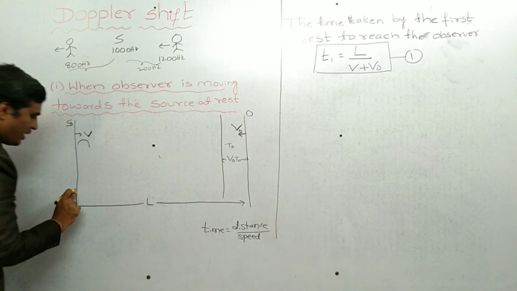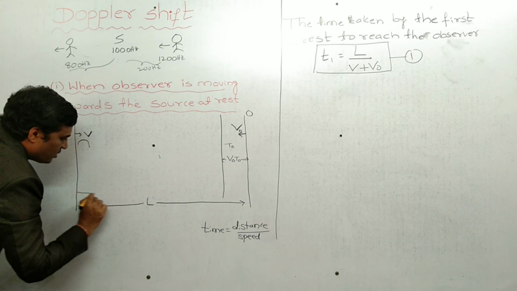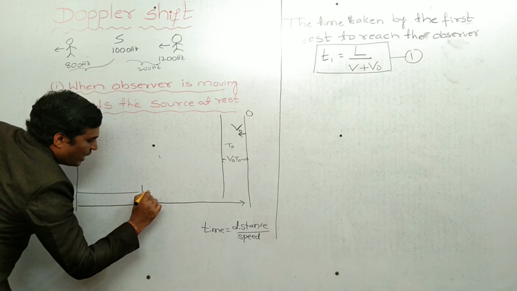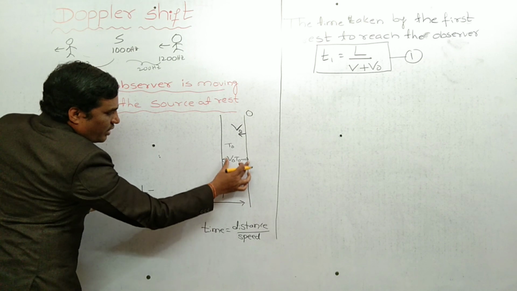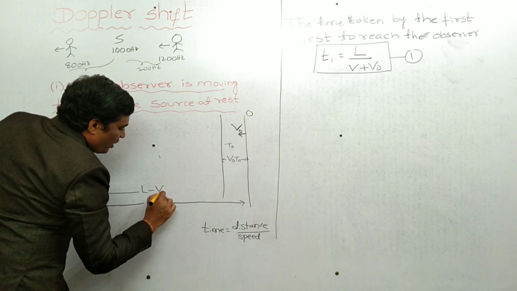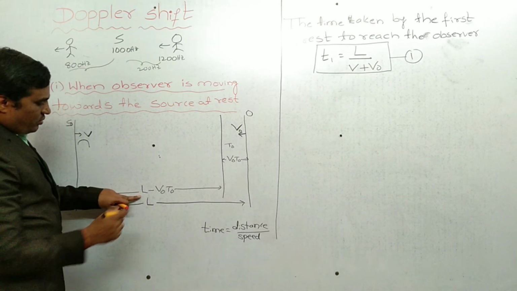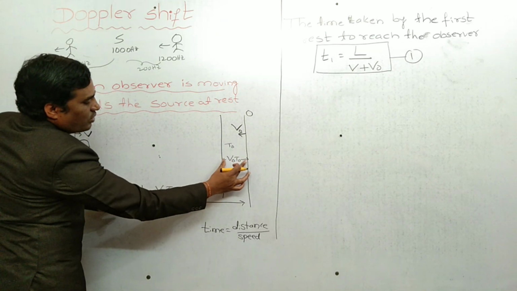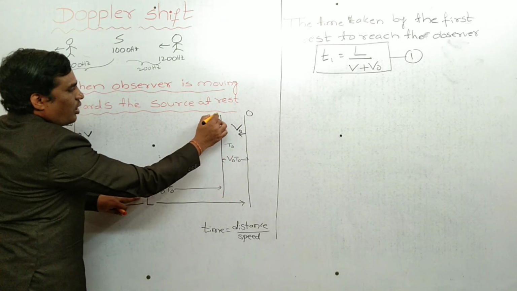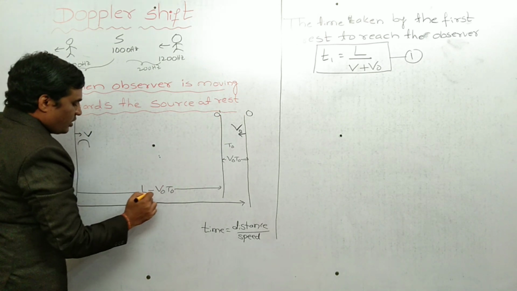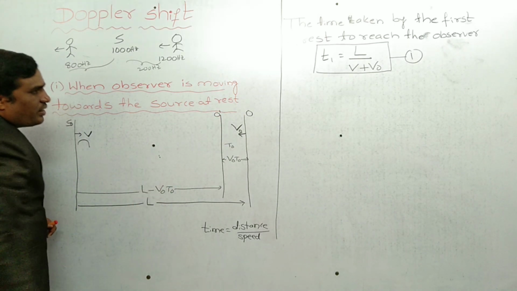So the net distance becomes L minus v naught t naught, because we have to separate the distance traveled by the observer.